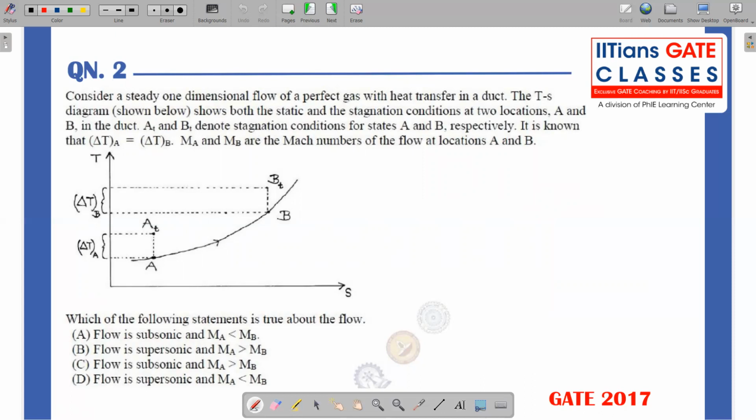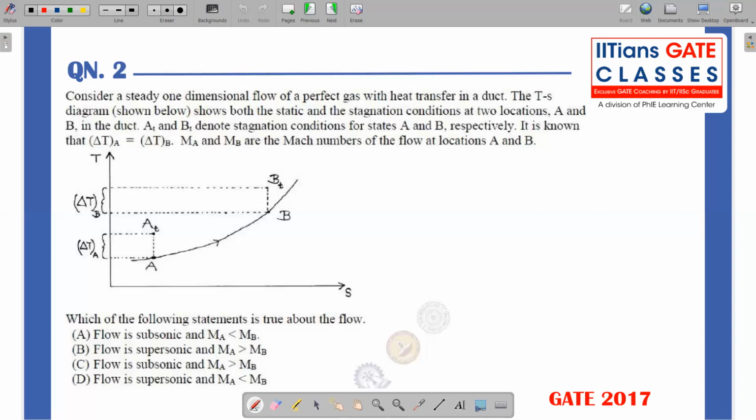The TS diagram shows both the static and stagnation conditions at the two locations A and B in the duct. AT and BT denote the stagnation conditions for the states A and B respectively. It is known that delta TA is equal to delta TB. MA and MB are the Mach numbers of the flow at locations A and B. Which of the following statements is true about the flow?